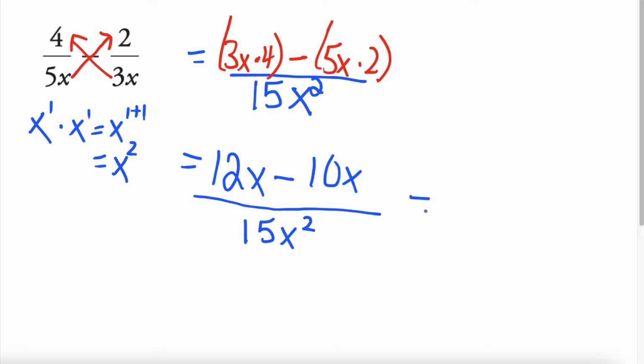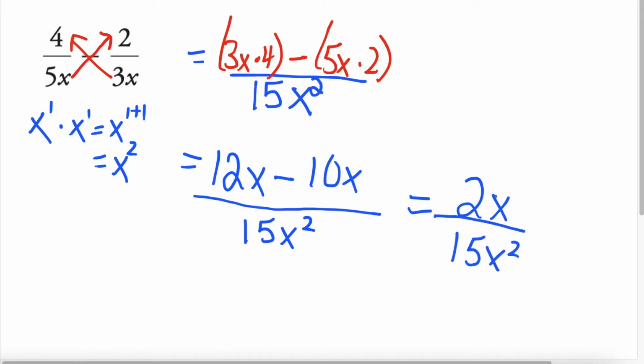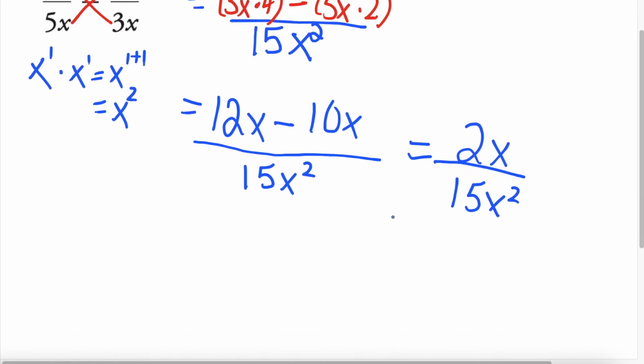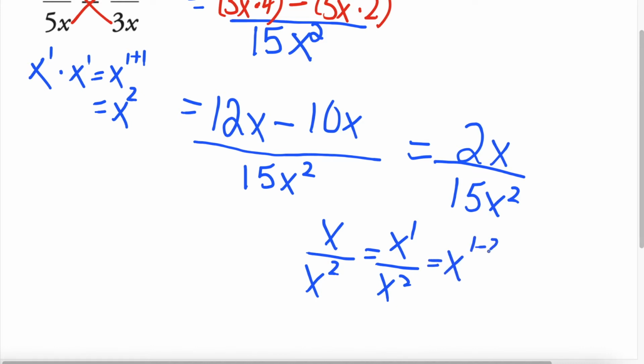So then our final answer would be 12x minus 10x, which results in 2x over 15x squared. Now we have to simplify this even further, right? So when we divide, we get x over x squared. So when we get x over x squared, we get x to the 1 over x to the 2, which is the same thing as x to the 1 minus 2, which is equal to x to the negative 1.